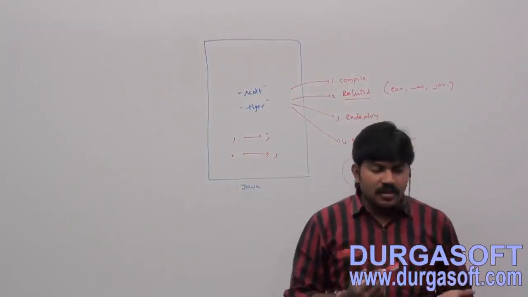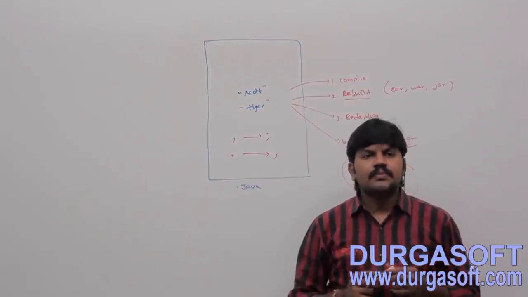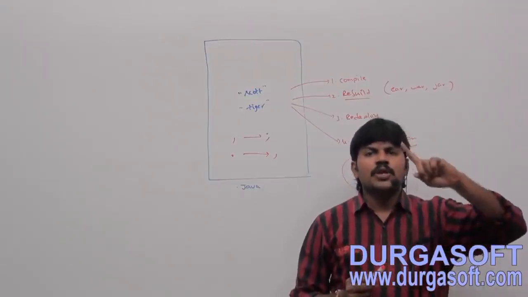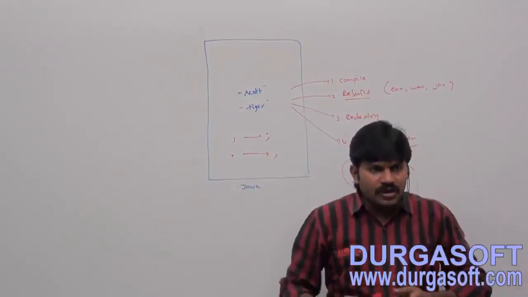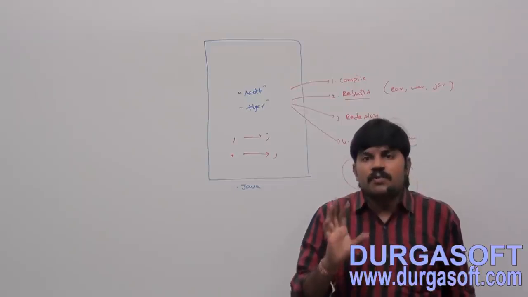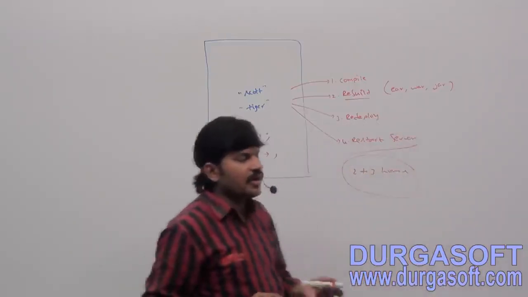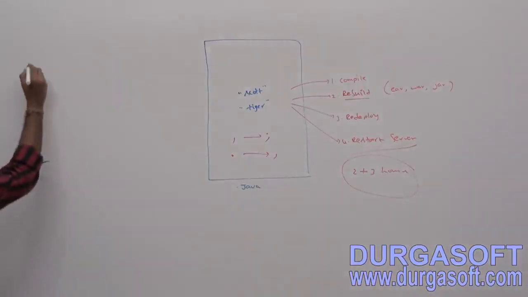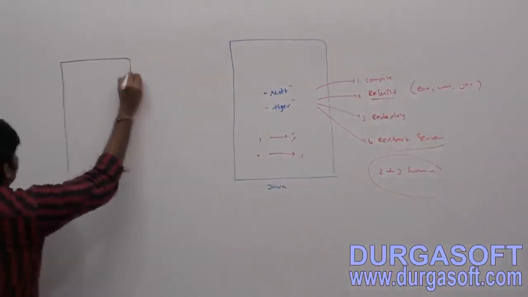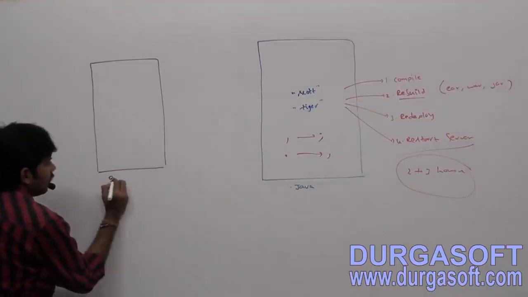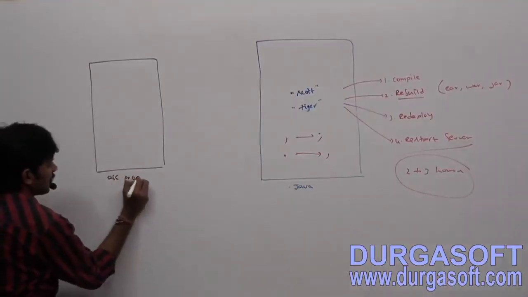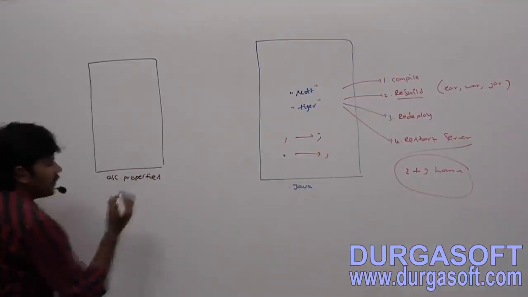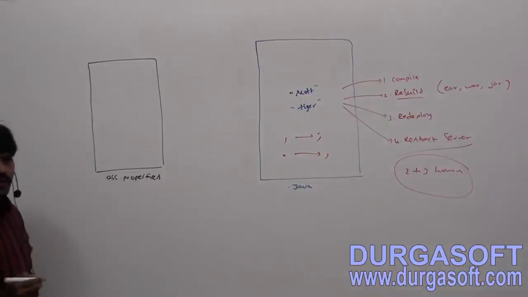Then immediately ask, sir, what is the solution for that? The best solution: if anything changes frequently, such type of variable things we have to configure in a properties file. Sir, assume abc.properties, like db.properties or log4j.properties, right?